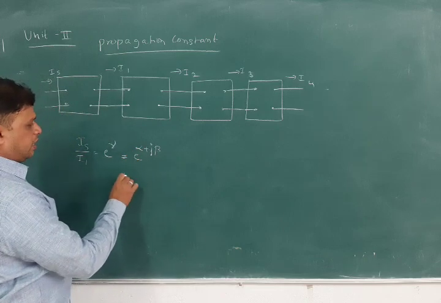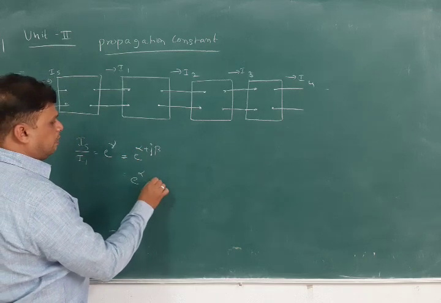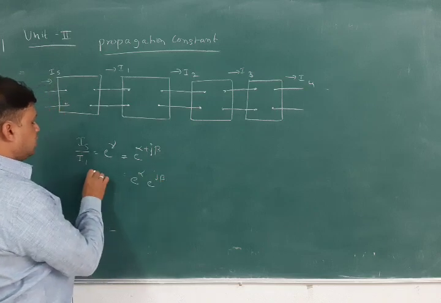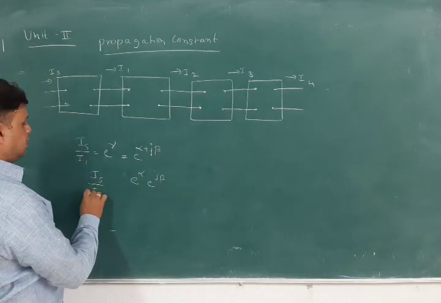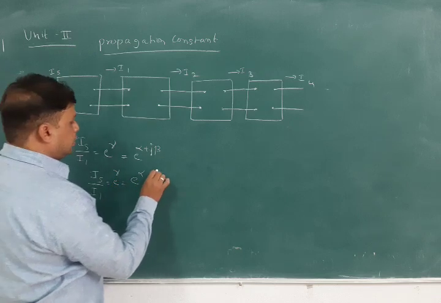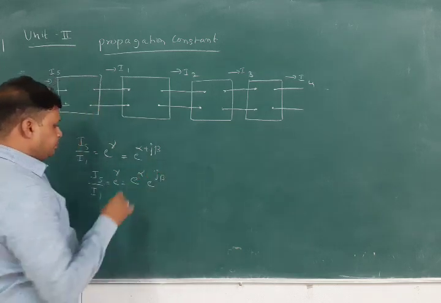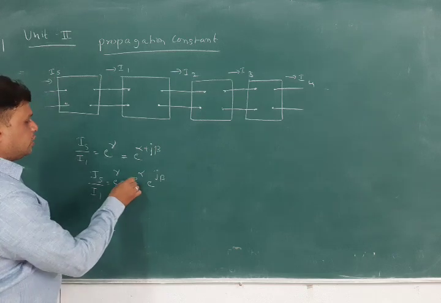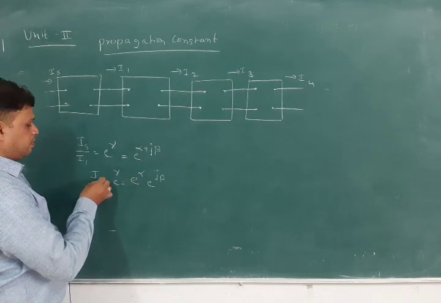So we can write e power alpha into e power j beta, which is also correct. So IS by I1 is equal to e power gamma, which equals e power alpha into e power j beta. This is the notation given for the ratio IS by I1.